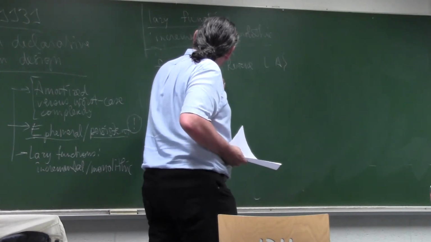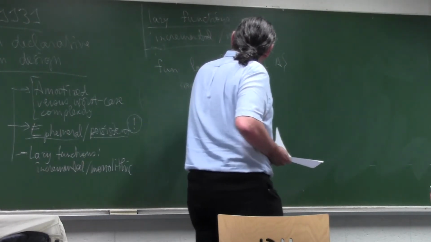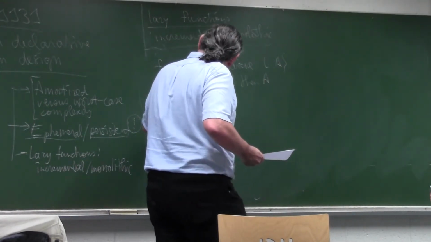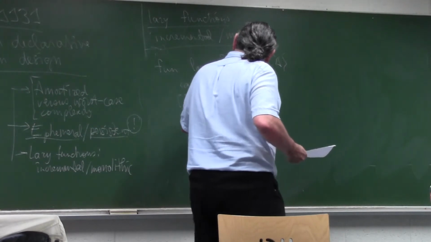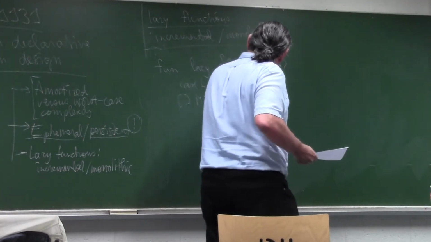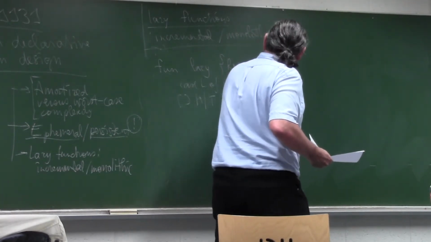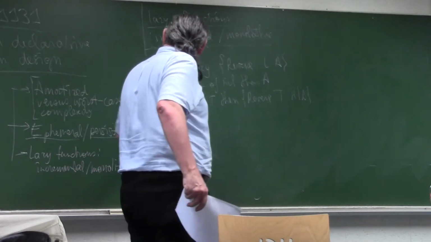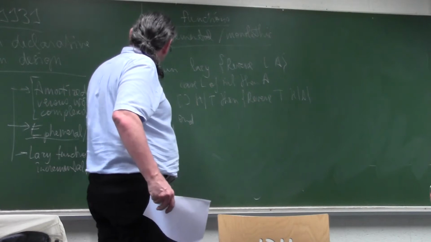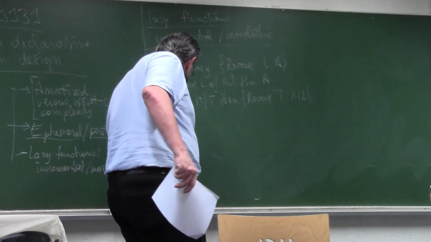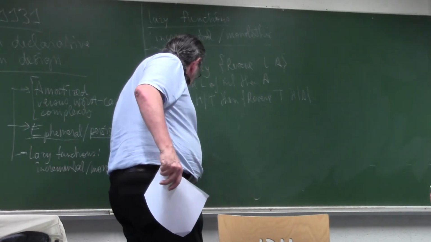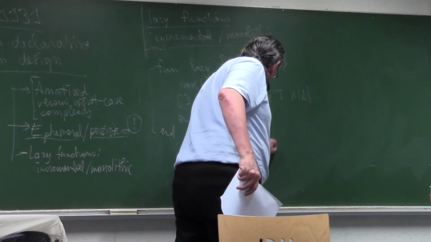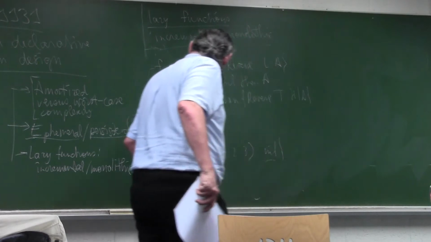If L is nil, then return A. Otherwise, I do a recursive call, reverse T, H bar A. Then you could call it, for example, reverse 1, 2, 3, nil. So the accumulator starts as nil.